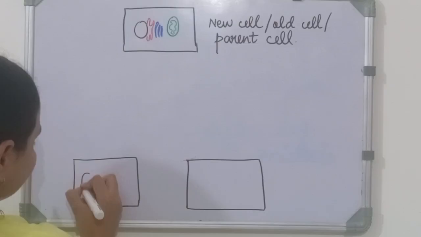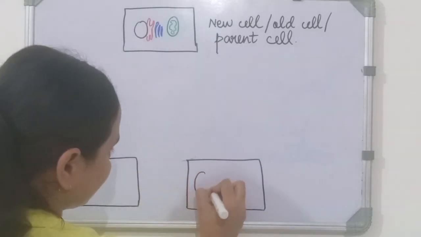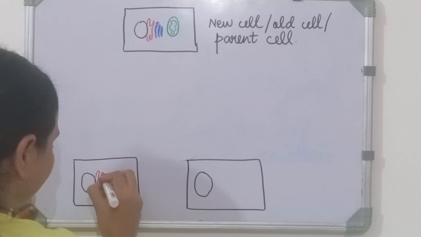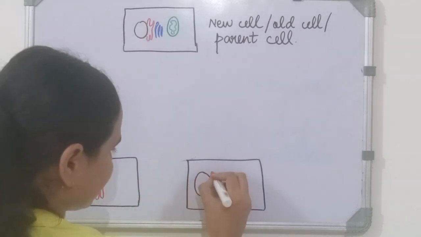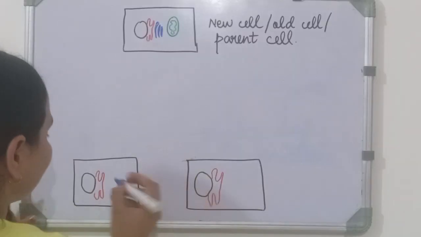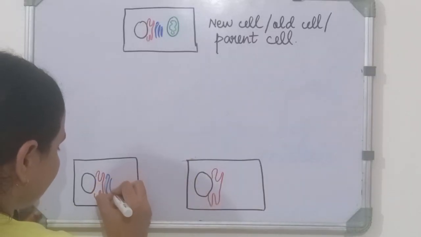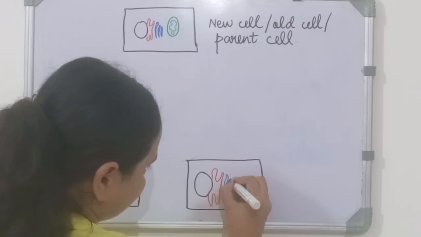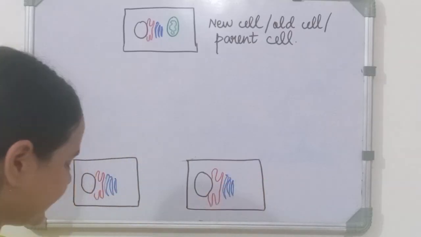In this same nucleus, same endoplasmic reticulum, then Golgi bodies, and mitochondria.